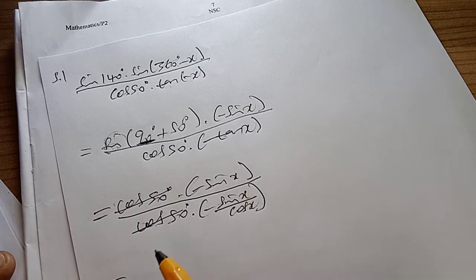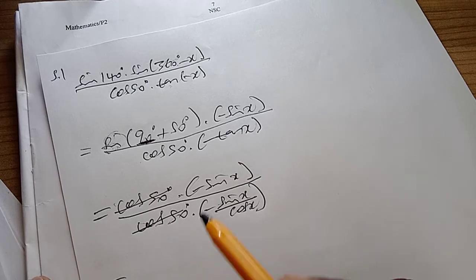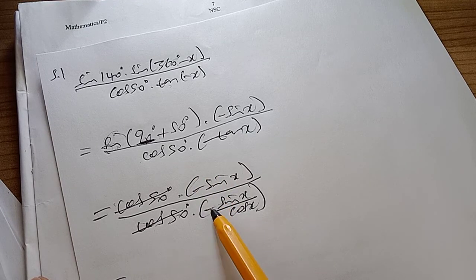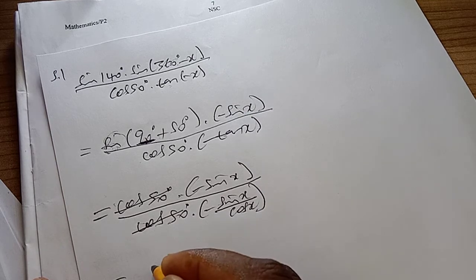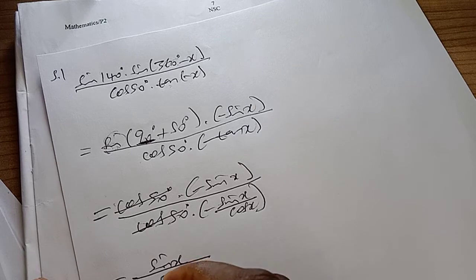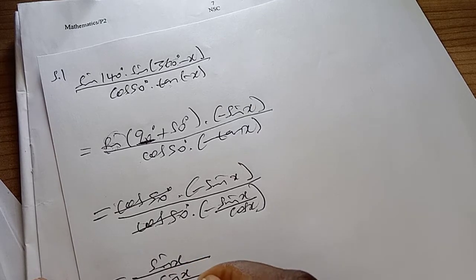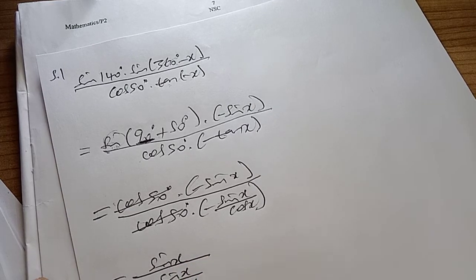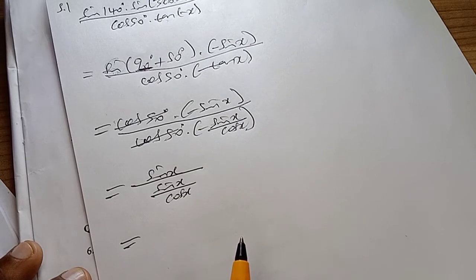Everything is multiplying in the numerator, everything is multiplying in the denominator. You should be careful of that algebra. Then here again I can say negative 1 dividing negative 1 gives me positive. Then I can be left with sin x over sin x over cos x like that. Algebraically you should not make mistakes here.